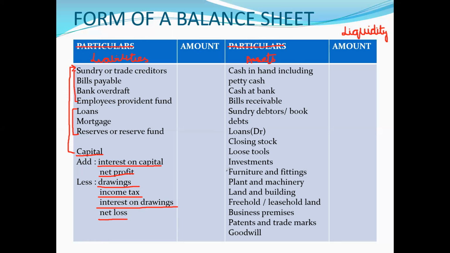Similarly, all your fixed assets, both tangible and intangible, are going to be recorded on the top when the balance sheet is being prepared on permanence basis, and your other assets, that is your current assets, are going to be recorded in the last.